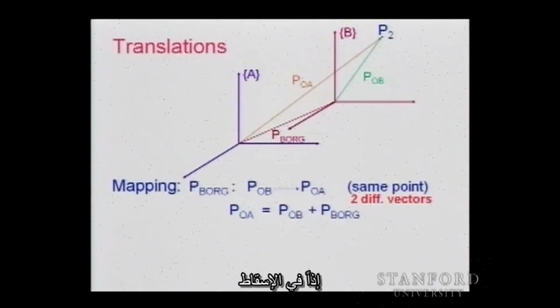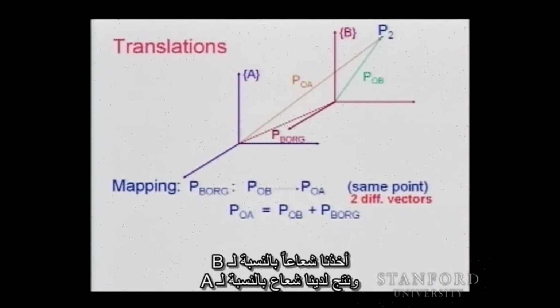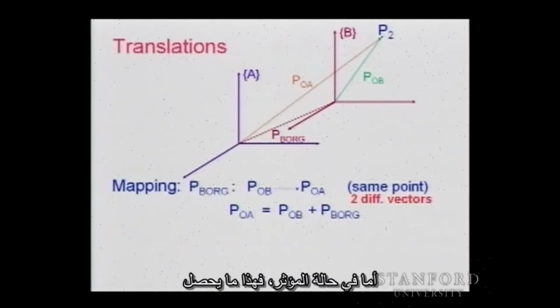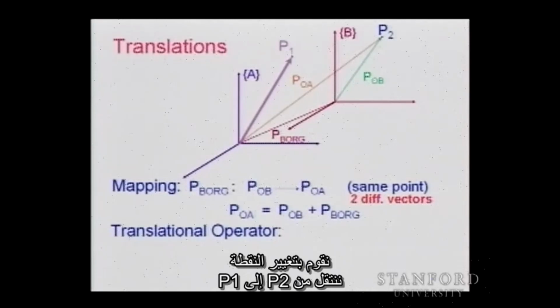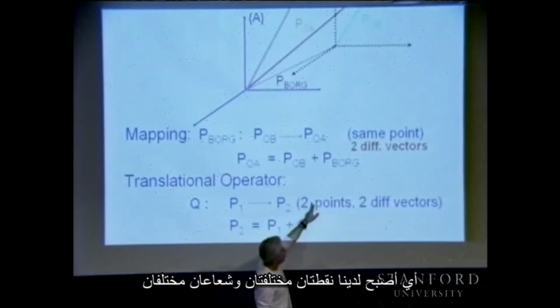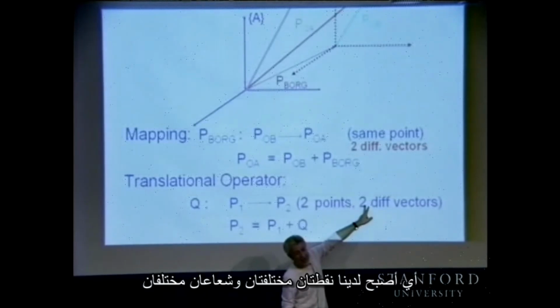In the mapping, we took the vector with respect to B and produced a vector with respect to A. In the operator, we are changing the point. We're going from P2 to P1. So this point P1 moved. So we have two different points and two different vectors.